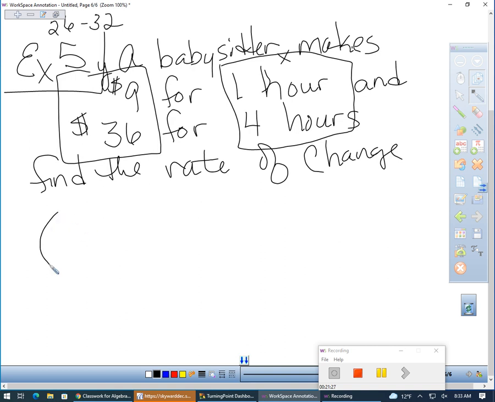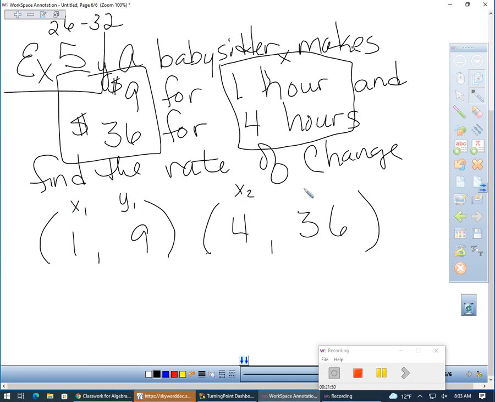Kind of putting it all together now. So the first point we have is our X is 1, our Y is 9. Our second point, X is 4 and Y is 36. So now we have to find the rate of change. This is my X1, Y1. This is my X2, Y2.